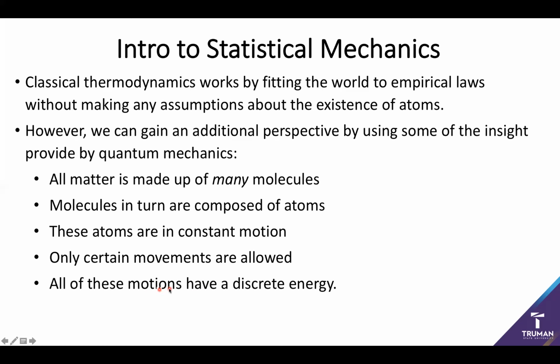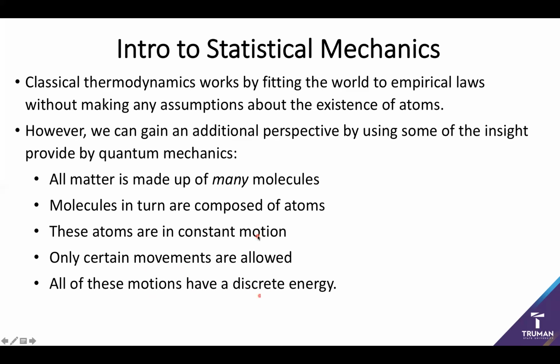Because each of these motions is going to have its own related energy, essentially given by our good old friend one half mv squared. If you know the velocity and the mass of the object, you should be able to back out the kinetic energy. Unfortunately, part of the problem with that is if I'm only allowed certain movements or speeds, this means I'm only allowed certain energies.